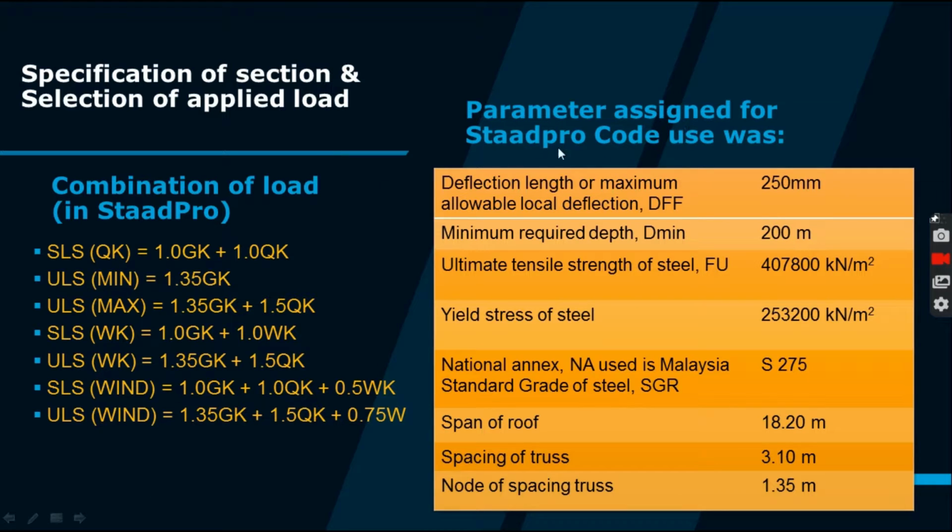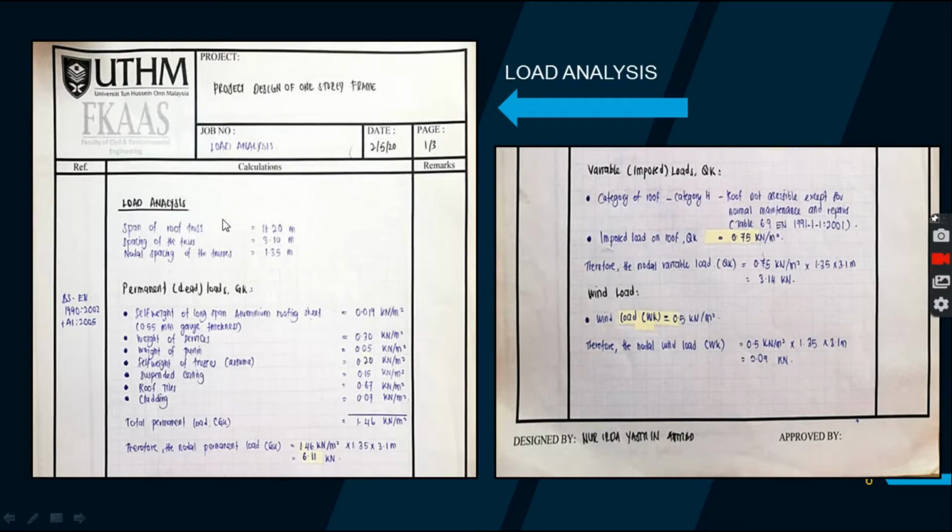So the parameters assigned for STAAD code used was deflection 250 millimeter, minimum required depth 200 millimeter, tensile strength of steel FU 407,800 kN/m², yield stress of steel 250,200 kN/m², and the standard grade of steel we use S275. From the drawing that we make, we have span of roof 18.2 meters, spacing of truss 3.1 meter, spacing of purlin 1.35 meter.